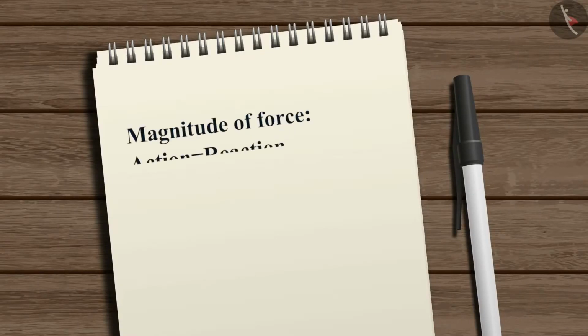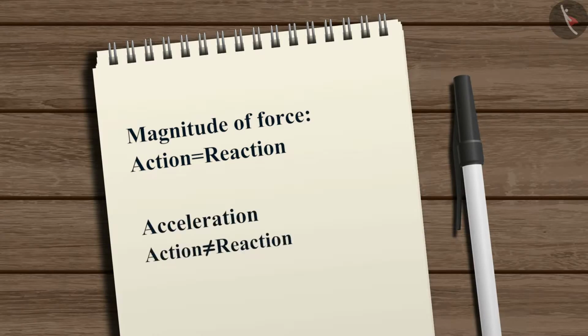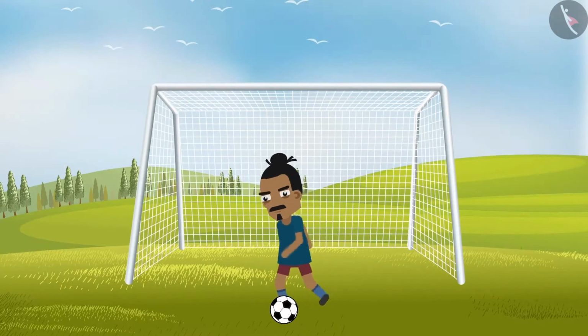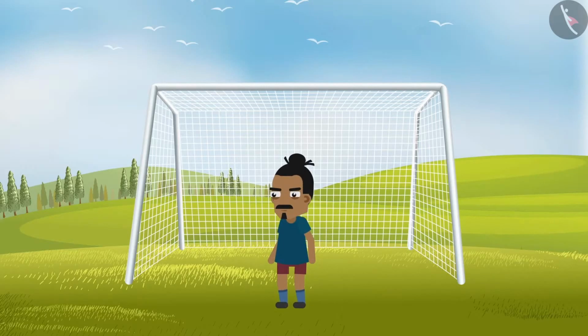Here, you must note that even though the action and reaction forces are always equal in magnitude, they may not always produce accelerations of equal magnitudes. This is due to the fact that each force acts on a different body that has a different mass.